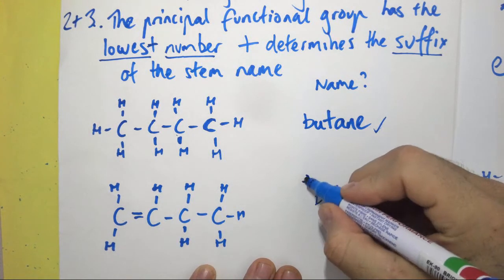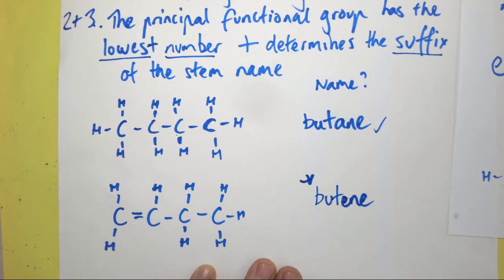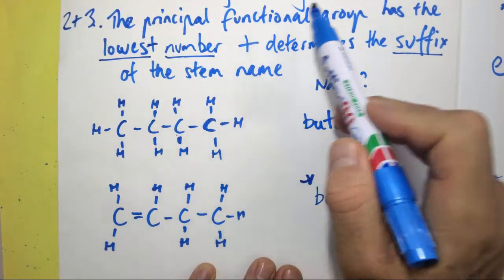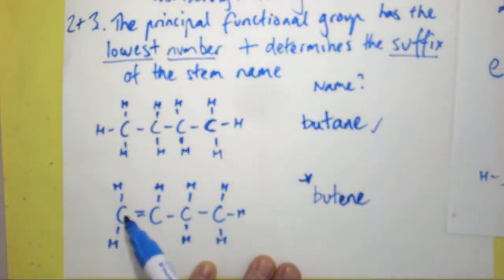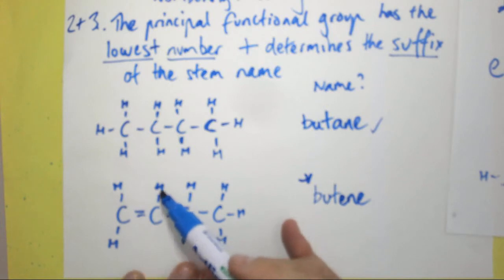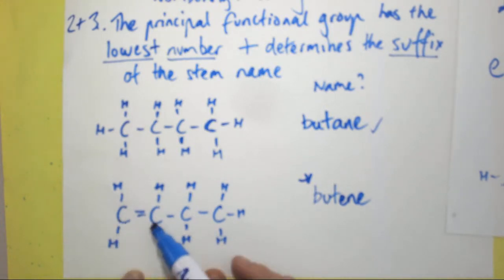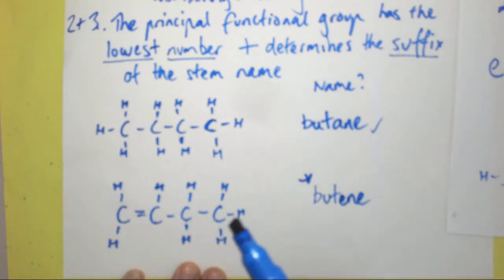Butane. And again, I'm going to put a little asterisk on there because we need to number it as well. Where it says the principal functional group has the lowest number, this is the principal functional group. We're going to label it and give it the lowest number. So we can count our carbon chain like this: 1, 2, 3, 4.